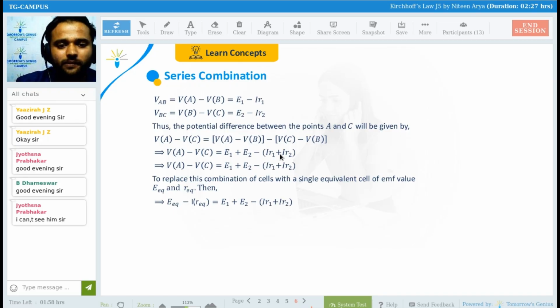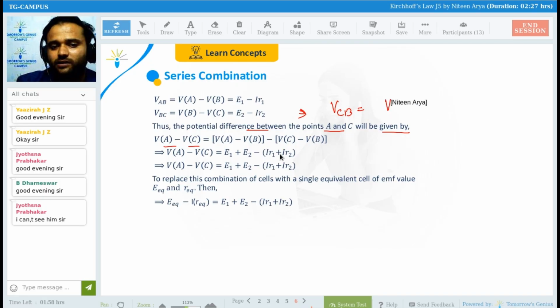So in series combination, VAB, VA minus VB, is E1 minus IR1, and VBC, VB minus VC, is E2 minus IR2. Thus, the potential difference between points A and C will be given by VA minus VC, which is VA minus VB minus VCB. This is VC. So instead of VBC, what am I going to write?